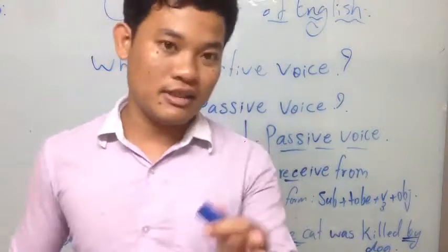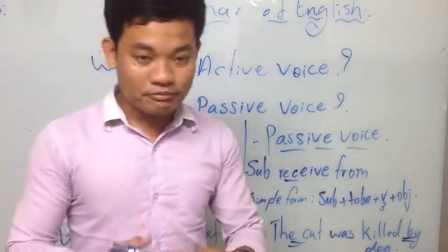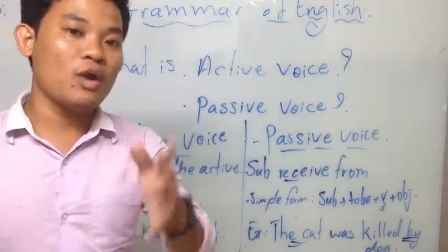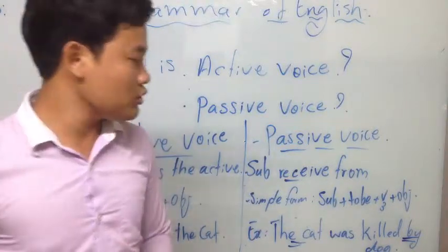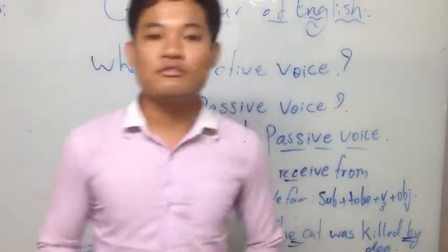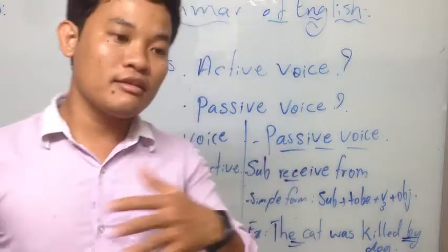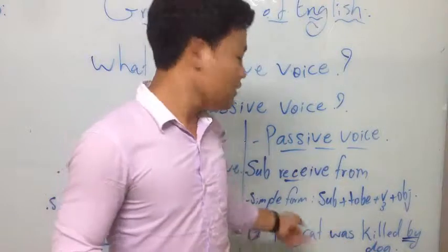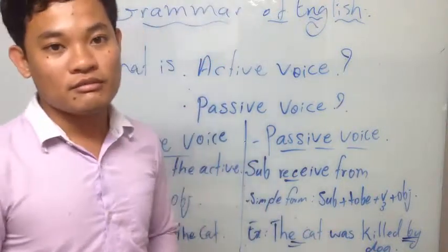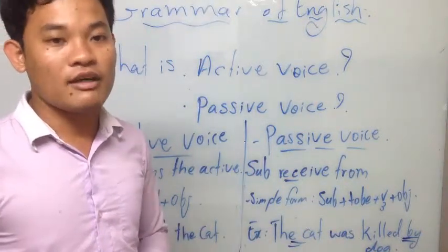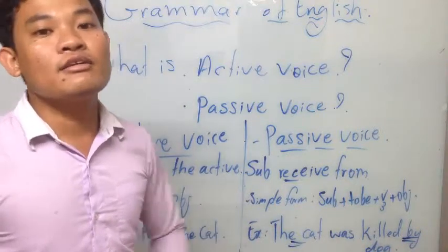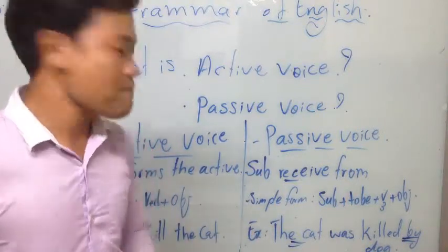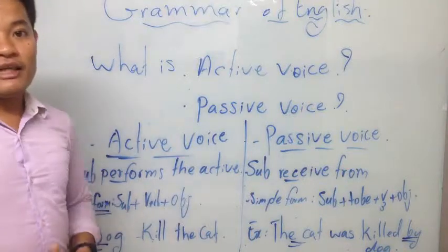And make sure that in the passive voice, you must use by, because we add it to make the object complete for the subject's receiving of the action in the sentence. That is how we say the subject receives the action. Okay? It's just different like that.